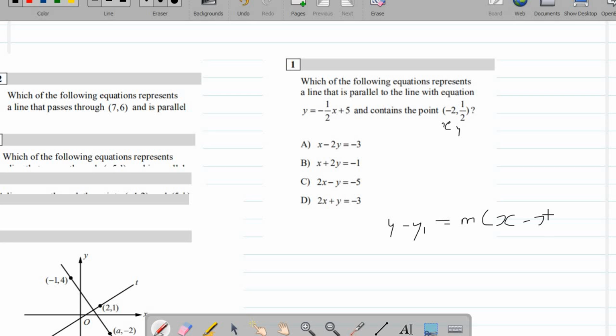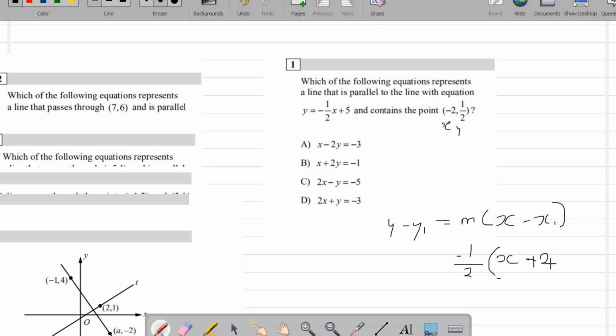So if their slopes are the same, we're only going to use this. Since their slopes are the same, I'm going to put minus 1 over 2 here as the slope, and x minus, now what is x1 here? X1 is minus 2, so you put minus 2, so plus 2.